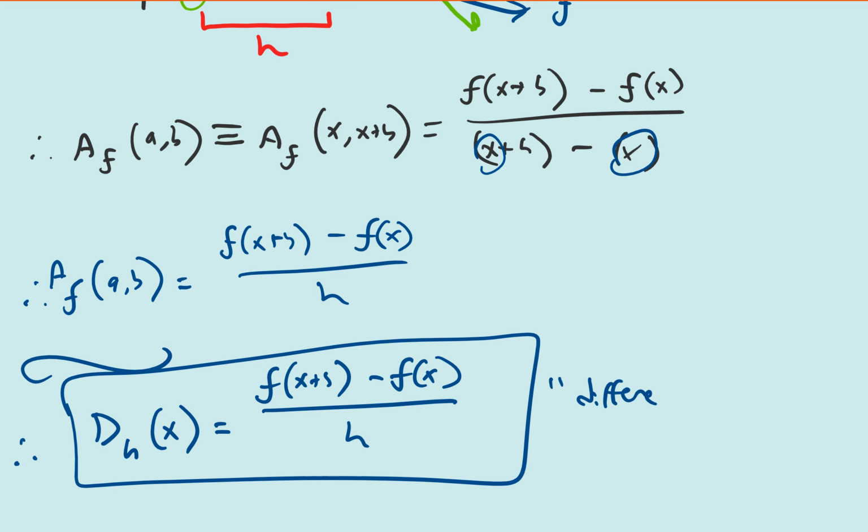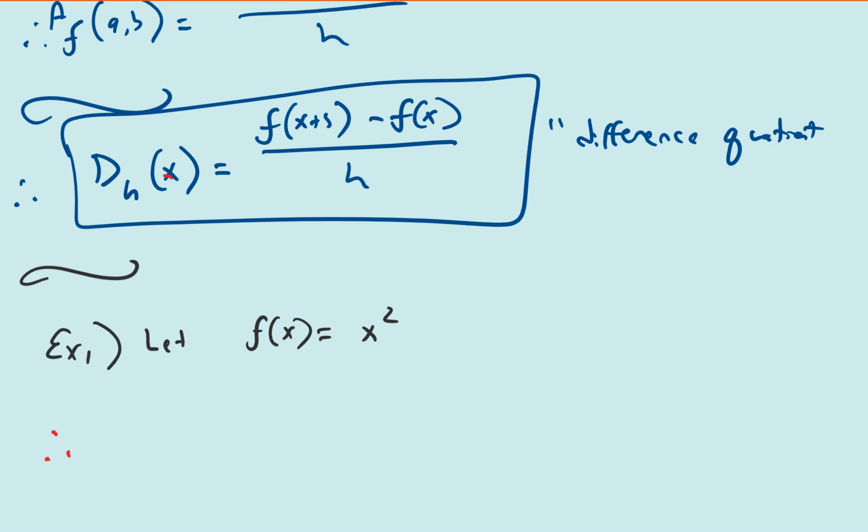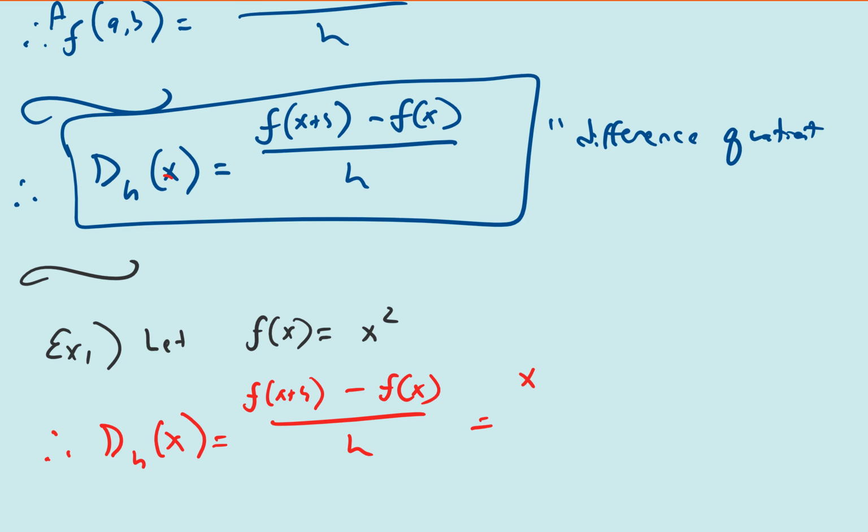Example 1. Let f of x be equal to x squared. What is the difference quotient for this function f? By definition, D h of x is going to be equal to f of x plus h minus f of x divided by h. So f of x plus h just means plug x plus h into this function.